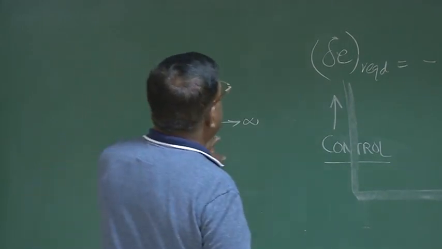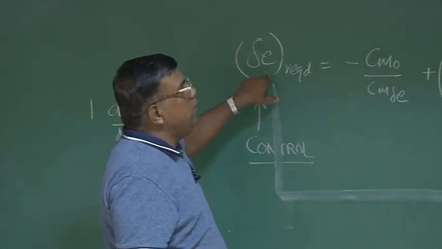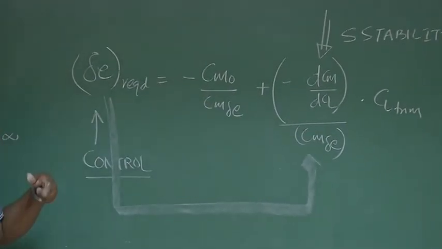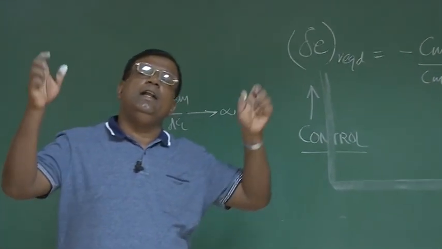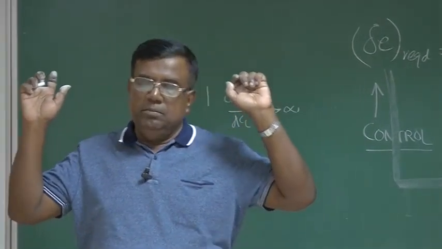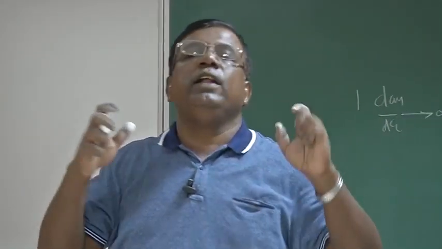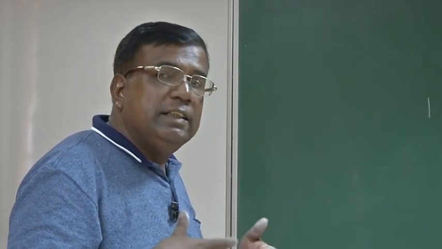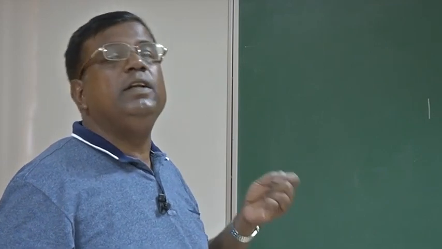What is the meaning then? How much delta E do you require? If this part becomes infinity, delta E also becomes infinity. That means it requires infinite elevator deflection. So the physics is that if I increase static stability, the delta E requirement also will increase.